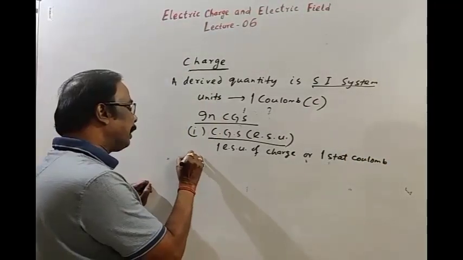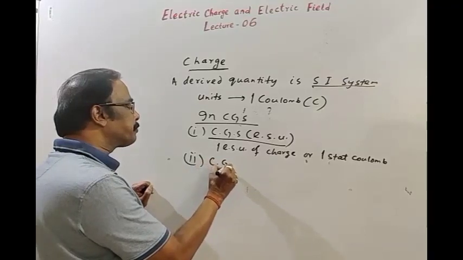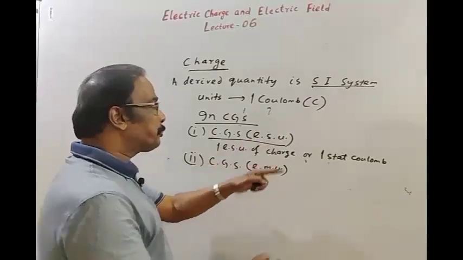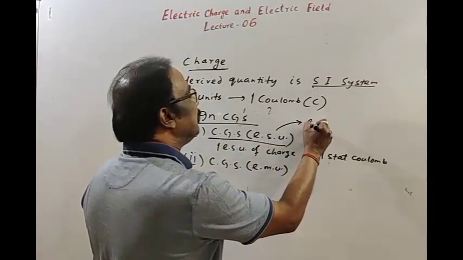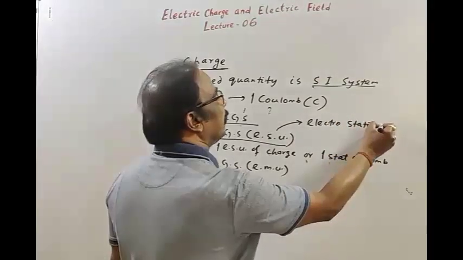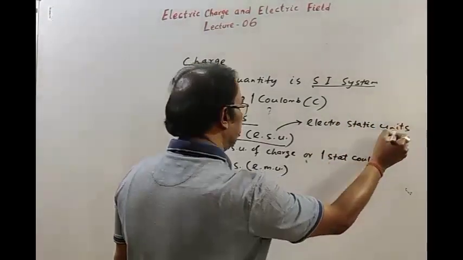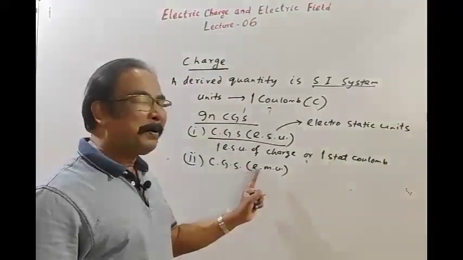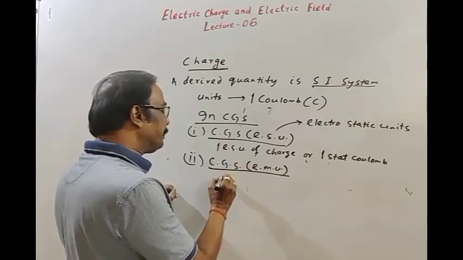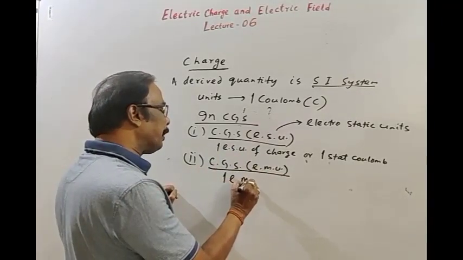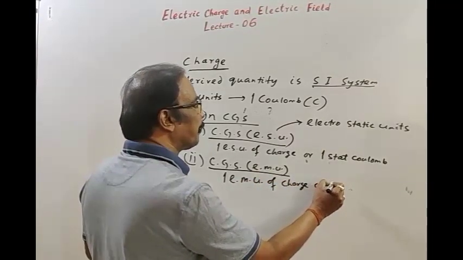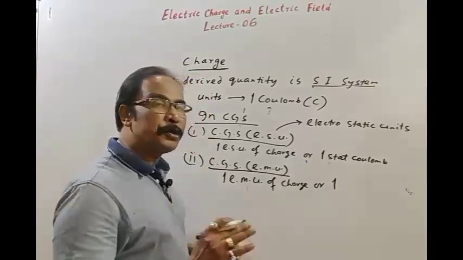Okay. Then under CGS, we may write CGS E.m.u. E.s.u stands for electrostatic units, and E.m.u similarly electromagnetic units. Okay. In CGS E.m.u, the unit of charge is 1 E.m.u of charge, or it may be written as 1 absolute Coulomb.